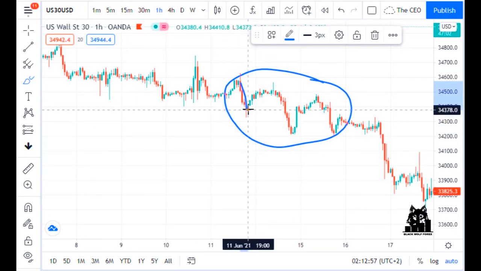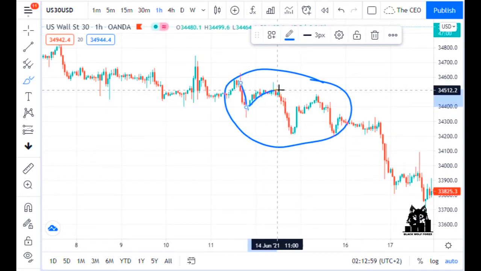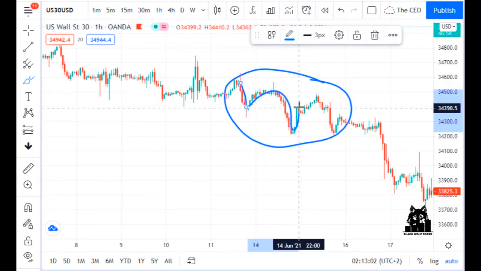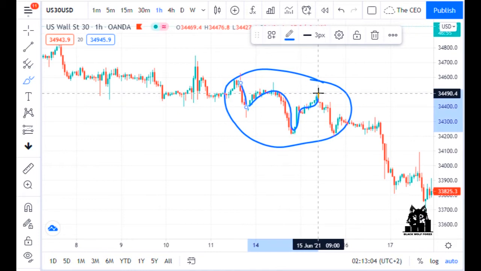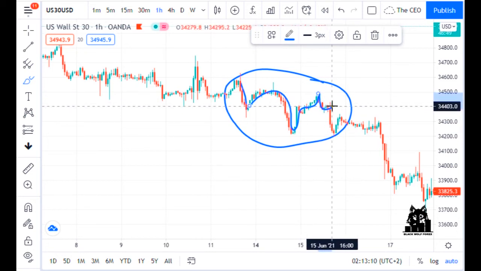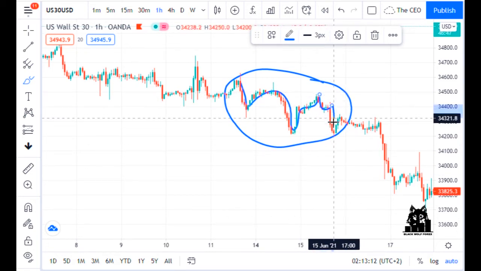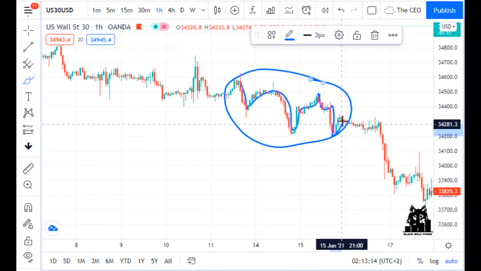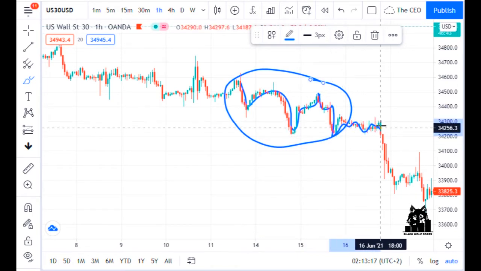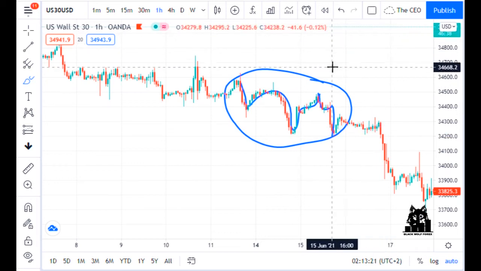It came from a head, and then it completed. And then what happened when it completed its movement? It pushed down and formed another head and shoulders here. And then it pushed down and formed a phase we call contraction.